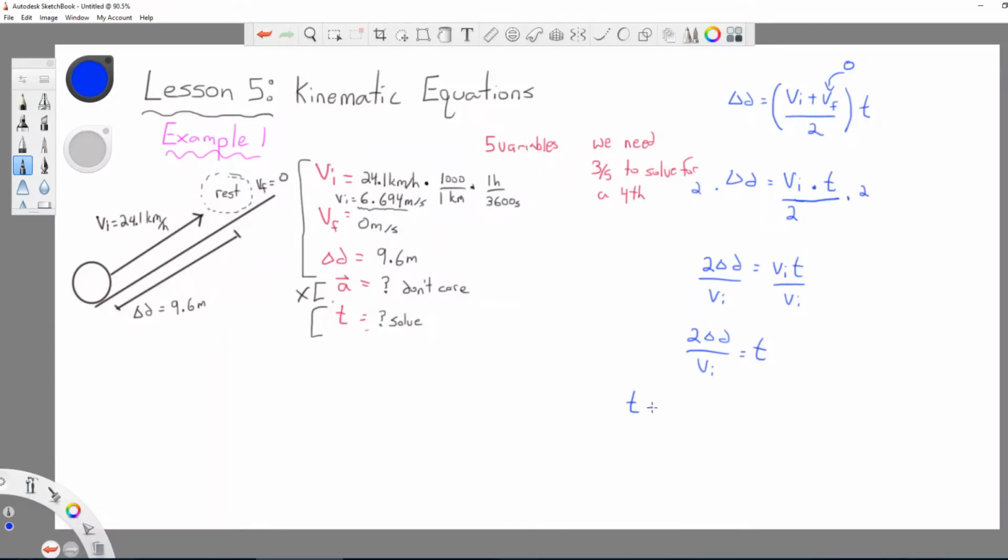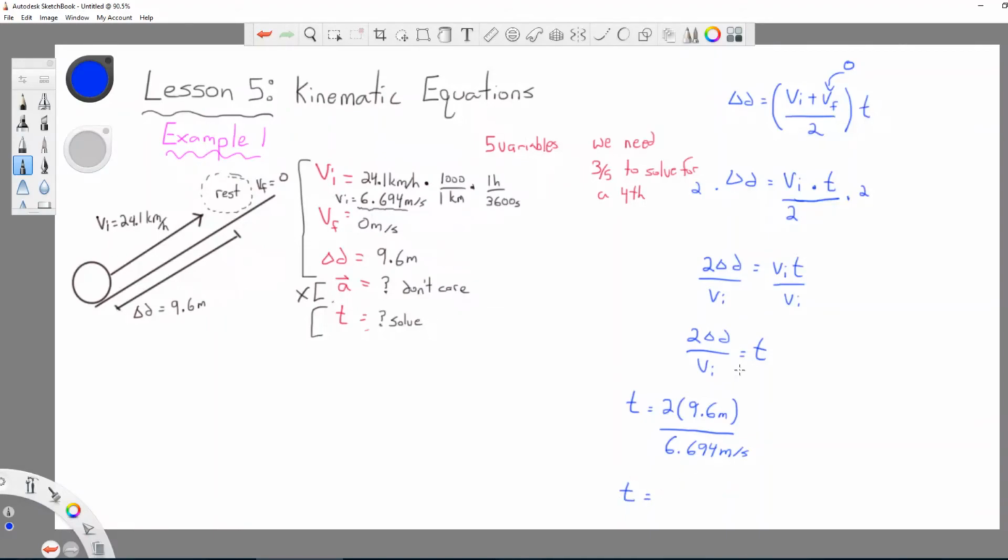So time is equal to 2 times our delta D, 9.6 meters, divided by VI, which we have is 6.694 meters per second. Awesome.